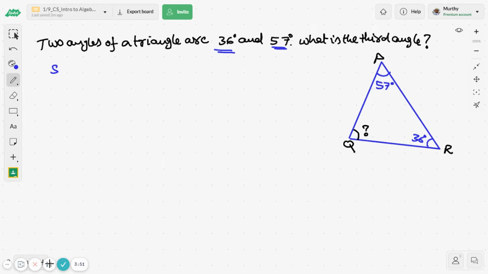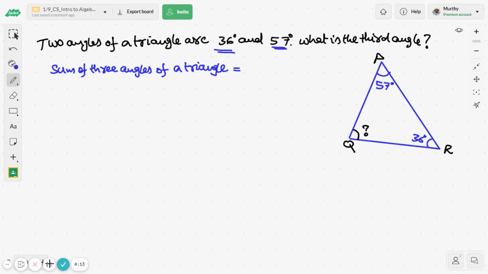First of all, what is the sum of the three angles of a triangle? Oh, I thought my mic was on mute. Okay. What is the sum of the three angles of a triangle?